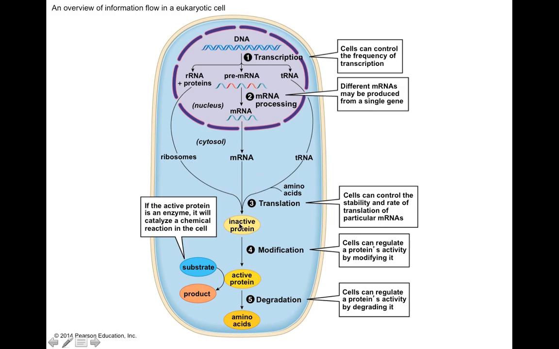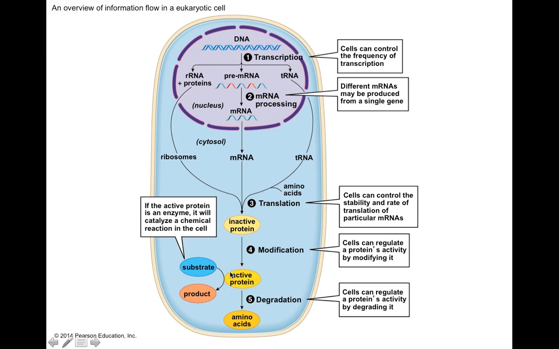We can regulate the stability of the mRNA, which is going to regulate the rate of translation of the mRNA, and we can create an inactive protein that has to be modified to become active. So we have another set of checks and balances just to make sure that we need this protein, then we'll turn it on or cleave it to be able to expose the active site.